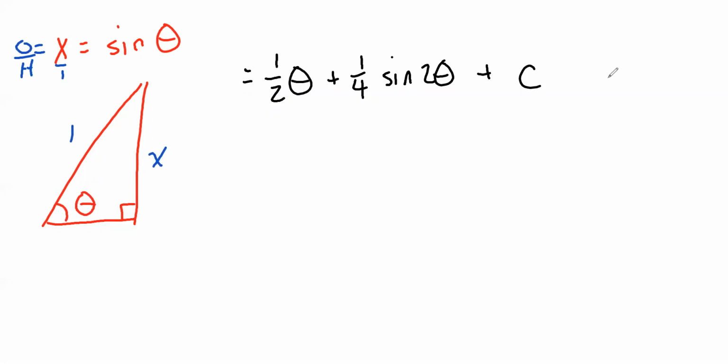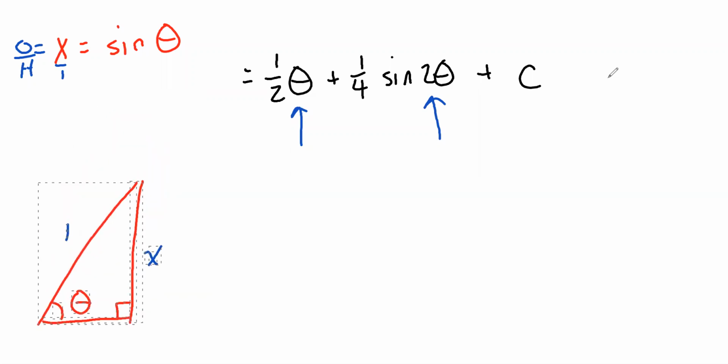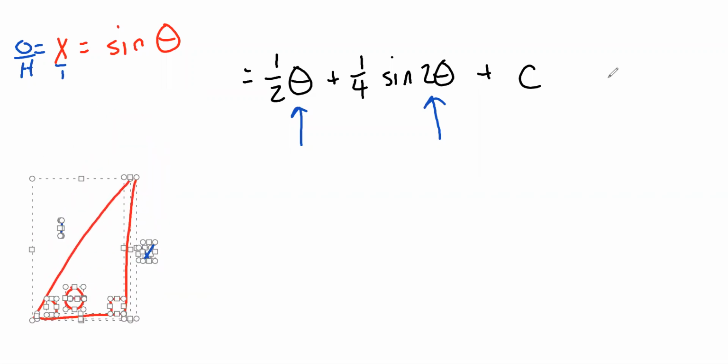Now, how are we going to use that? Well, we need to figure out what to do with this theta and what to do with that theta. Actually, the first theta, we didn't need the triangle. I'm going to move the triangle if I can grab it and then slide it down without it being distorted. So give me 1 second here. There we go. Now, what do we know about theta? Well, in that first theta, in our answer, we just need something to substitute for theta.